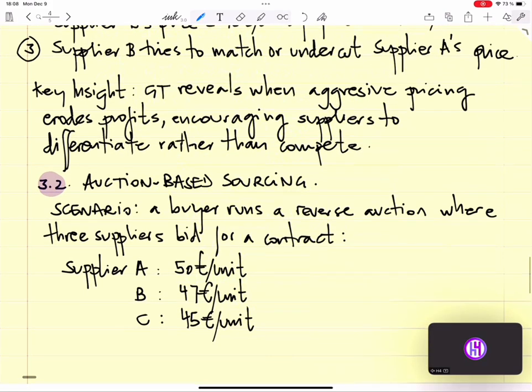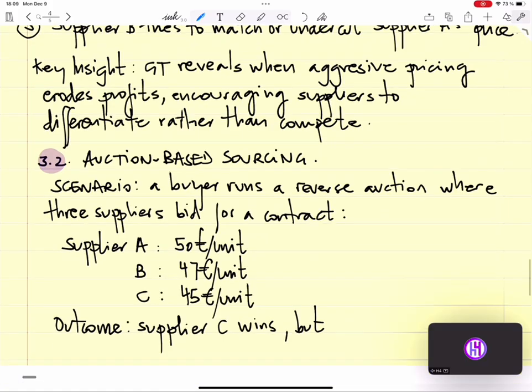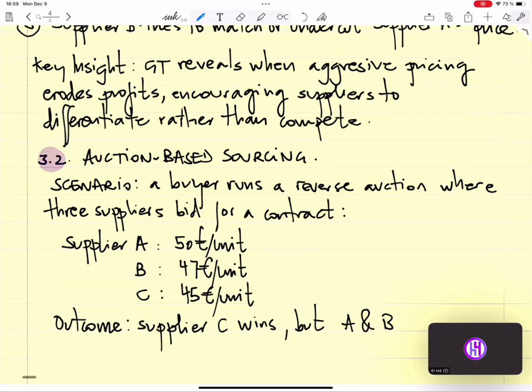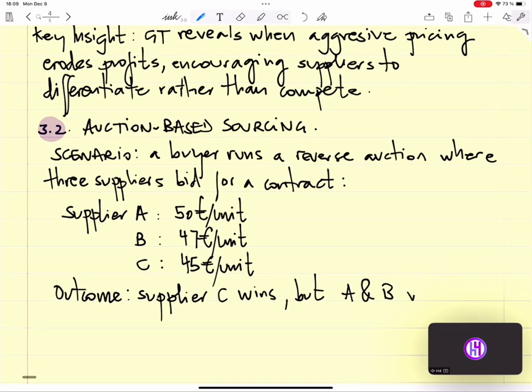So in this case, if you're the buyer looking only at price, of course, in a very simple world, supplier C wins, but A and B are not going to stay steady. They will reassess their costs for future competitiveness.